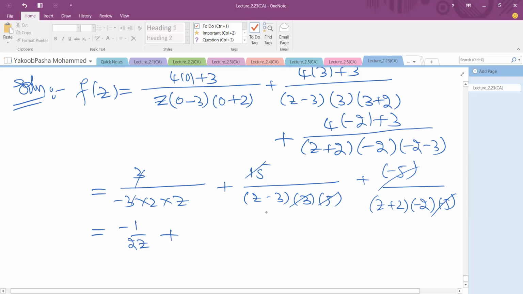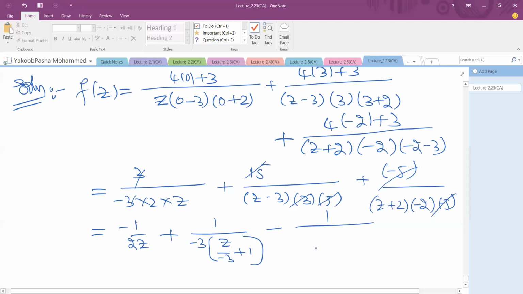From z minus 3 take minus 3 common: z by minus 3 plus 1, plus, here the minus is cancelled. Here minus 1 by 2 into, take 2 common, z by 2 plus 1.